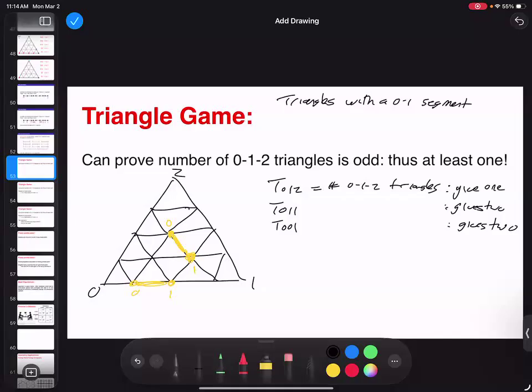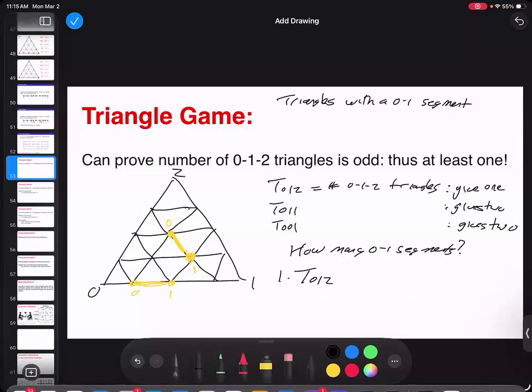So let's count how many 0, 1 segments. If I look at all the triangles, each one gives how many? A triangle labeled 0, 1, 2 has 1 such segment.